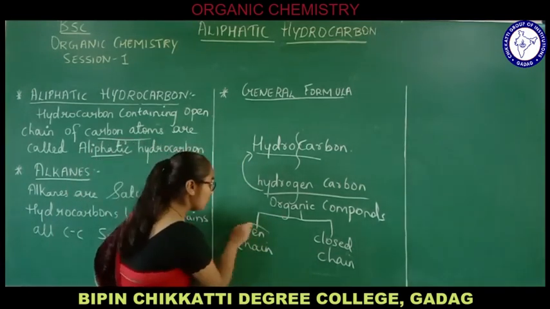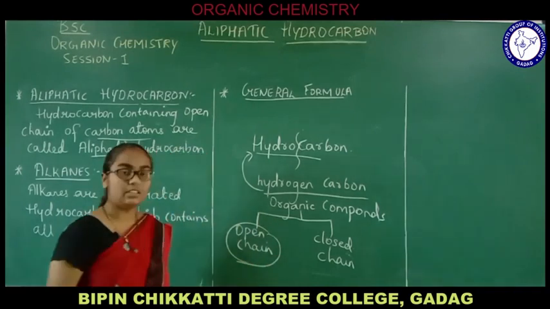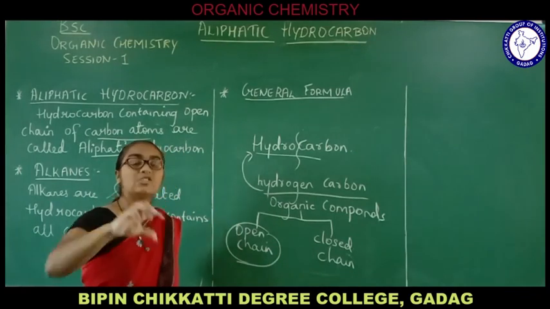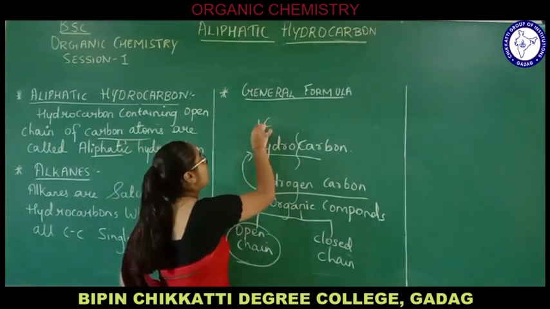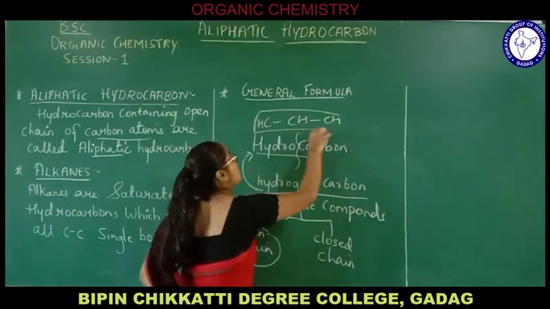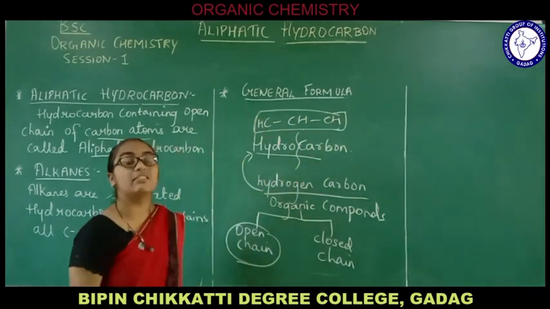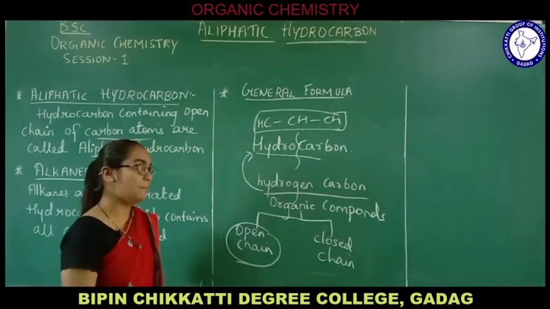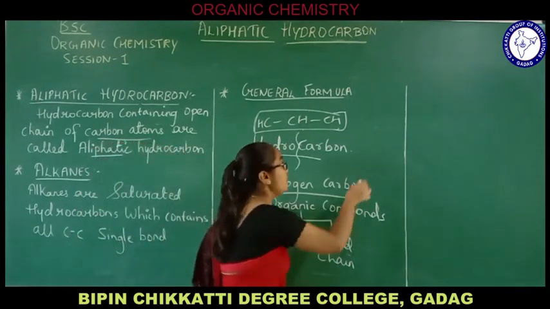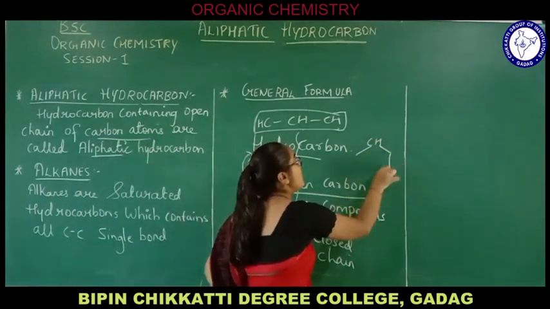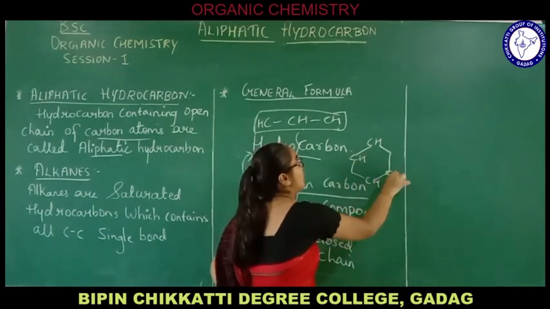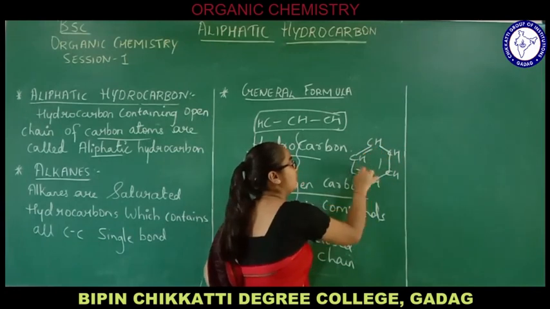Now in open chain compound, the hydrocarbons will be present in a simple open chain. Suppose this is the hydrocarbon, and it will be present in a simple skeletal form of straight chain. So that is the meaning of open chain organic compound, whereas closed chain organic compounds are those wherein the hydrocarbon will be present like this, in a closed chain with alternating double bond and single bond.